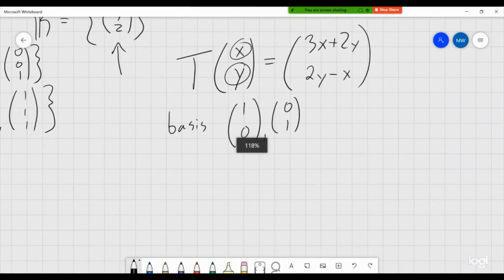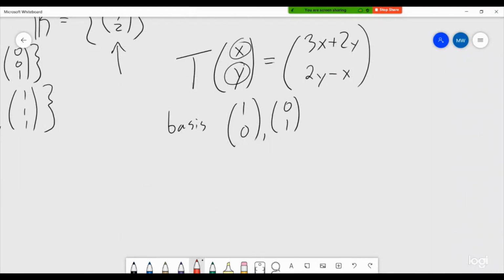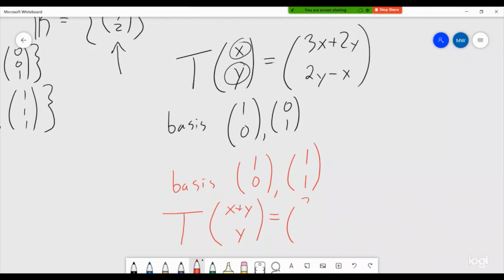If we wanted to write the same transformation in terms of the basis (1, 0), (1, 1), for example, then the transformation would look like T of (x plus y, y) equals (3 times (x plus y) plus 2y, 2y minus (x plus y)), or (3x plus 5y, y minus x).